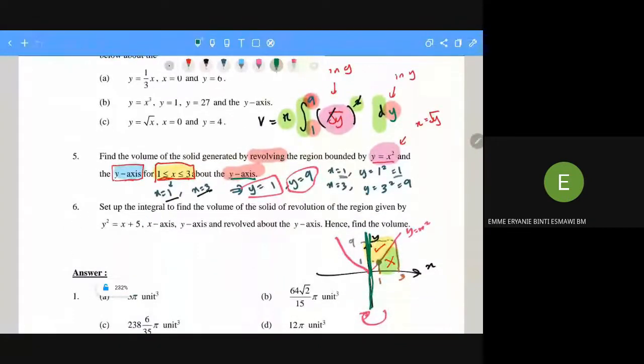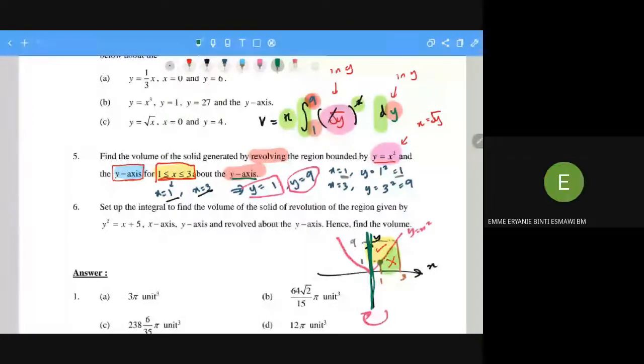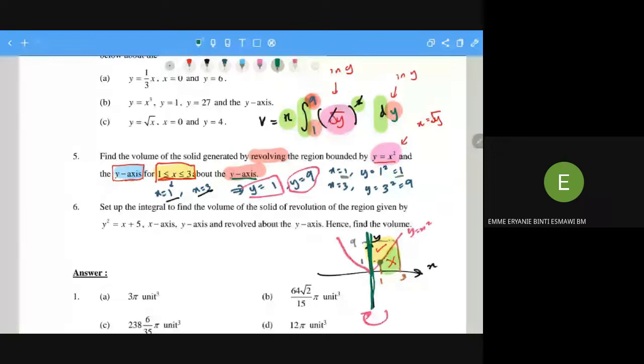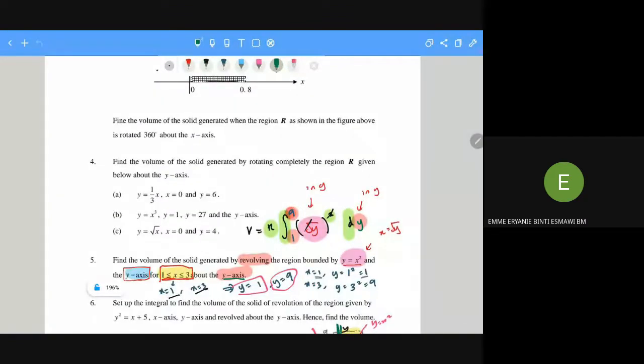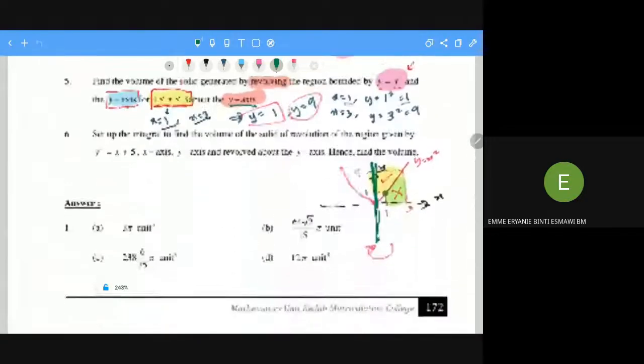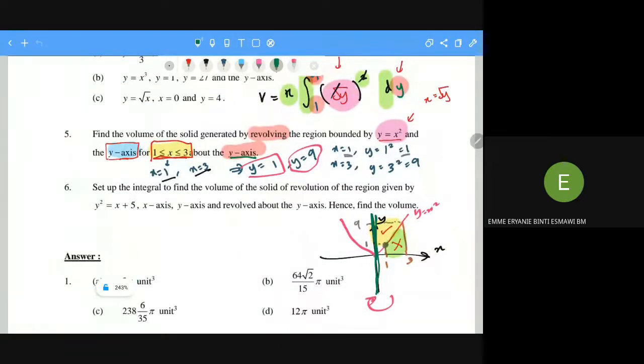You guys ni lahir tahun bila? 2003 kan? Maksudnya saya SPM tu you guys baru umur 2 tahun. Okay. 2003. Wow. Cepat betul masa berlalu. Dulu dapat student yang bawah tahun 2000.